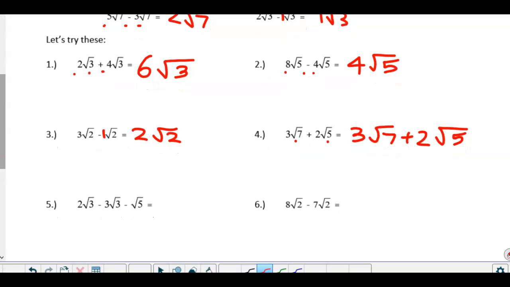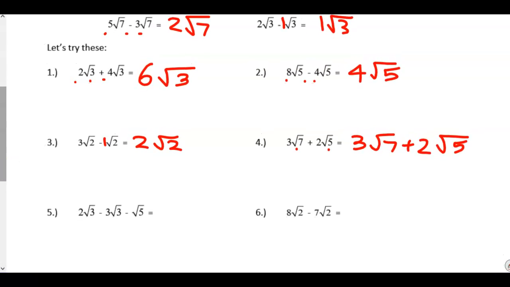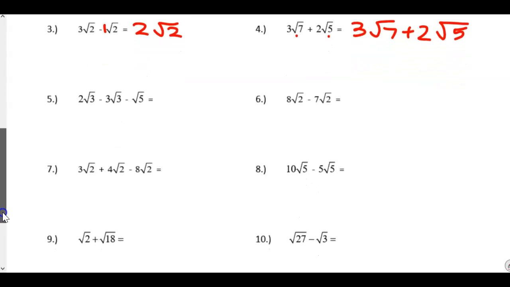Now, number 5. Whoa. Alright. Number 5. Now, there's 3 terms. I can only add the same square root sign. So, I got a square root of 3, a square root of 3. Those can combine. The square root of 5, it doesn't add. It's just going to be brought straight down. Okay?